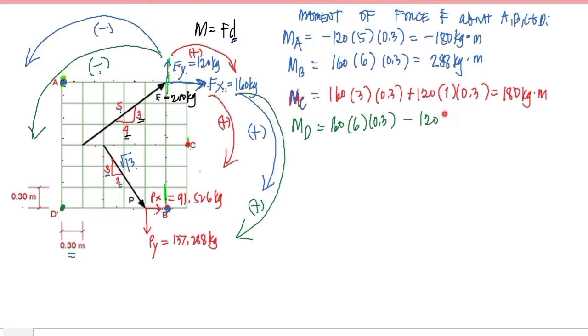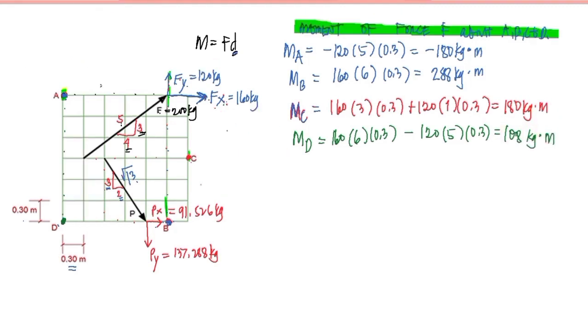So we have 5 blocks of 0.3. So computing for the value of the moment at D, we have here 108 kilogram meter.